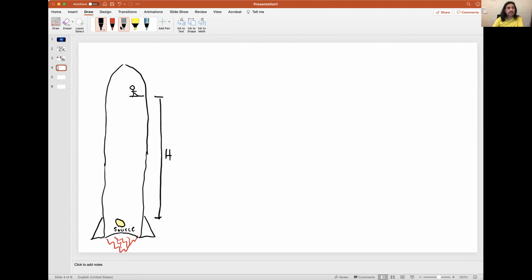At t equals 0, the light is turned on. So this is an accelerating frame, right? All of this is accelerating.